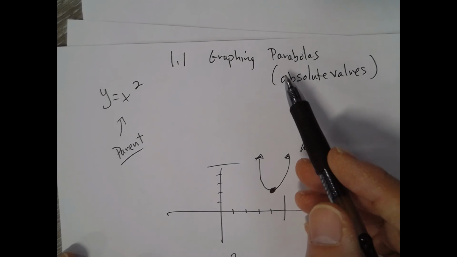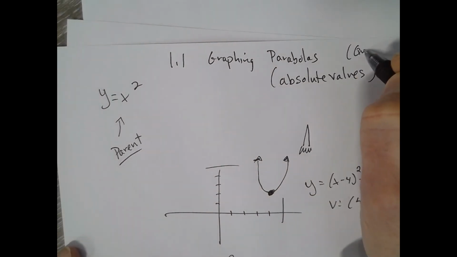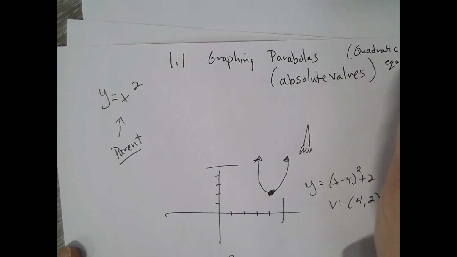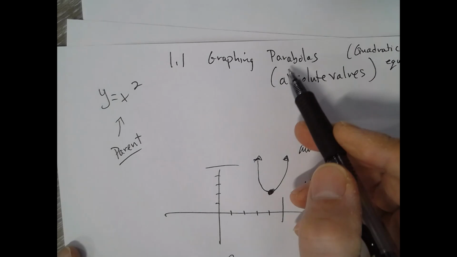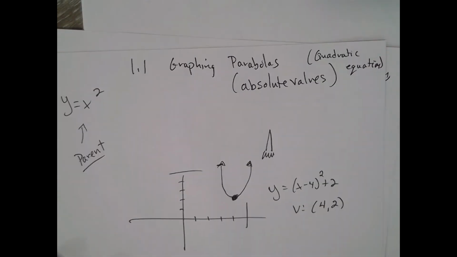So when it says graphing parabolas, it's actually quadratic equations. So a parabola is the shape of a quadratic equation. So you might have some lines in your assignment, not a lot. You might have some quadratics or parabolas, and you might have absolute values.